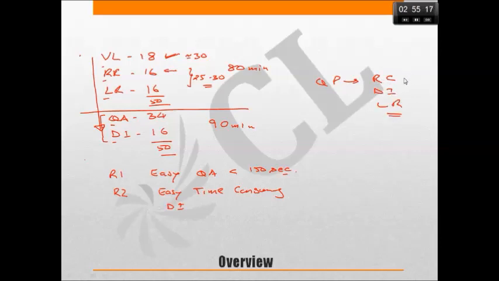Why? Because I can read the entire RC passage and all the 4 questions will be visible to me together. Similarly, the entire DI data set and all 4 questions are visible there, and LR is also similar. So I will click on the question paper button, open the question paper and do RC from there, DI from there, LR from there.